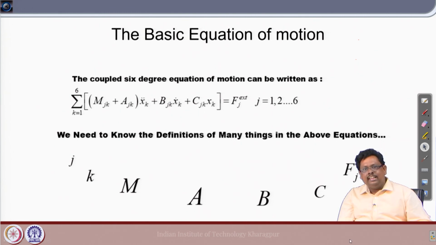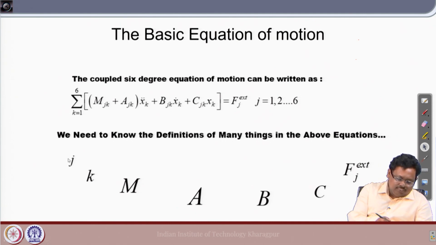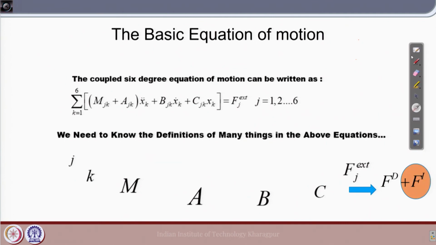Now, you can see this equation again. Here we have discussed all these components: M, A, B, C, and X, now the exciting force also. This exciting force I now divide into different components, which is the force coming because of this wave, called the Froude-Krylov force. This we just discussed.